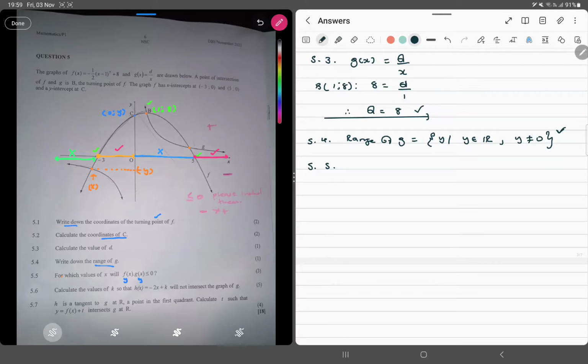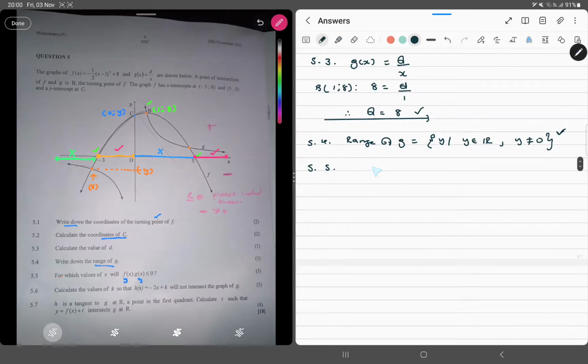Now let's answer the question. So here we're using the graph basically. So we are going to say x must be less than, can you see? It must be less than 0, but greater than or equal to -3. But is -3 included? The answer is yes. -3 is included.